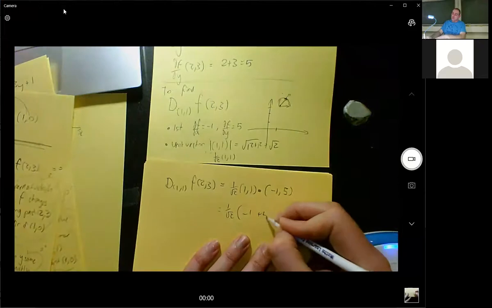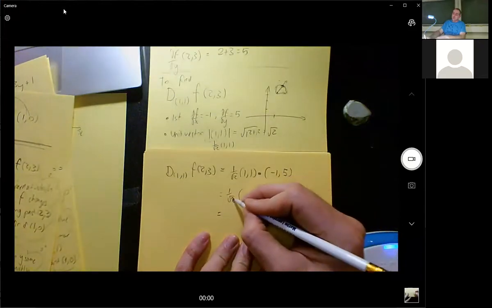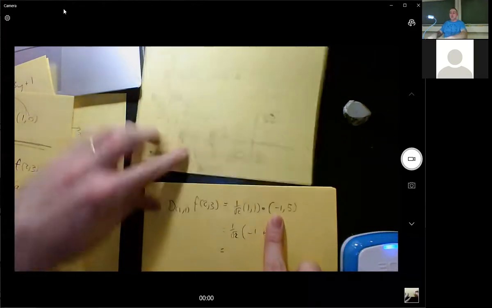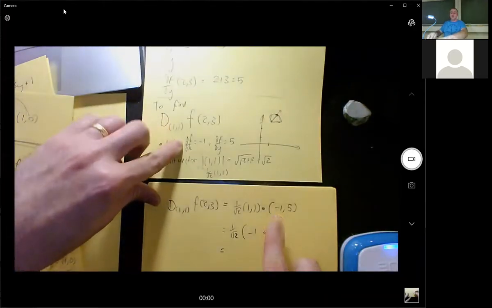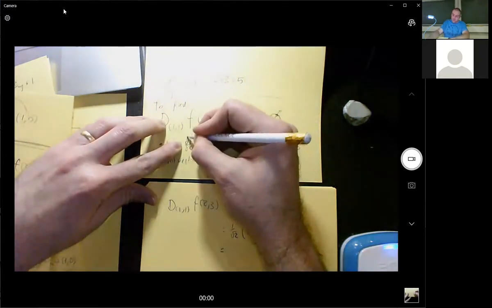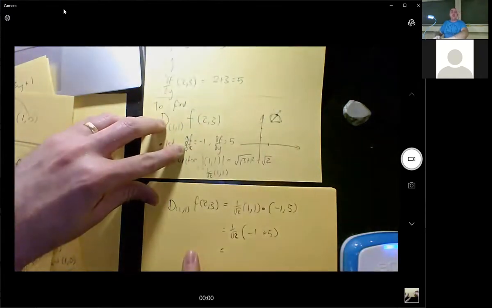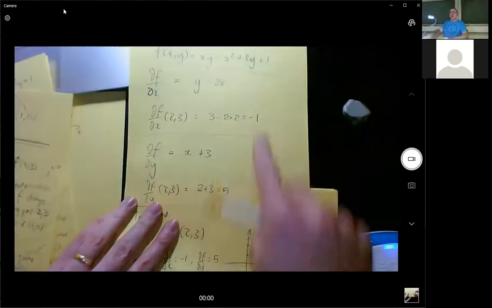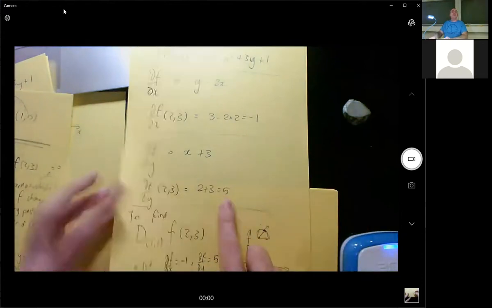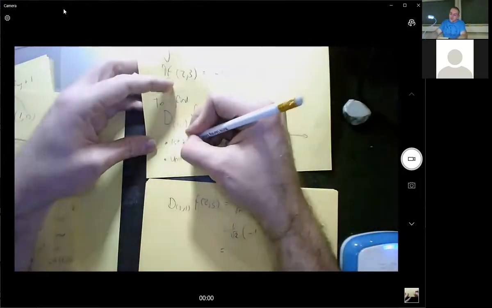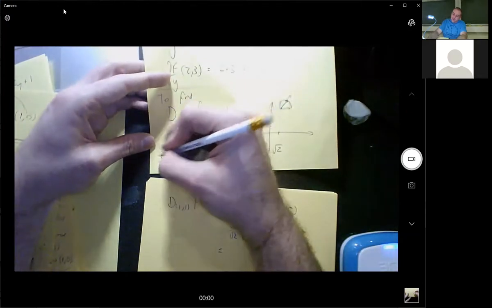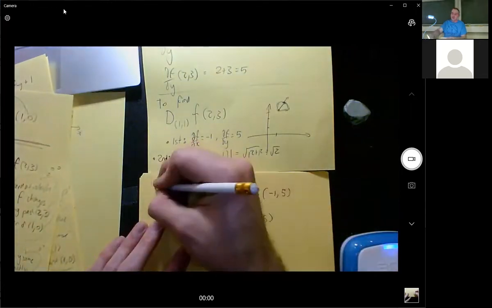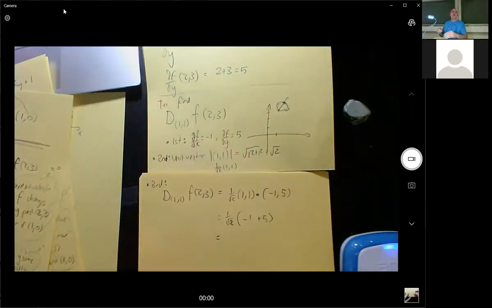Minus 1 here. This is df/dx, the partial derivative with respect to x. And this is df/dy, the partial derivative with respect to y, which I just figured out came out to these answers at this spot. Oh, no, this is the first thing to do, and then this is the second thing to do. Sorry. Second thing to do is this, and then the third thing is the actual answer. Sorry, it was a process.